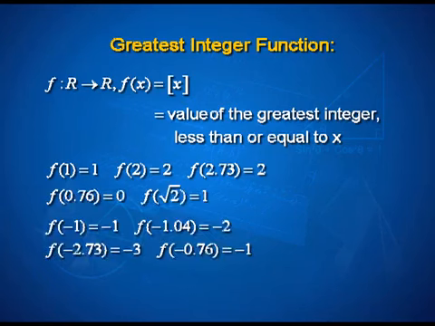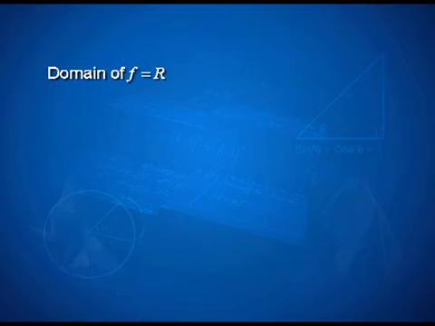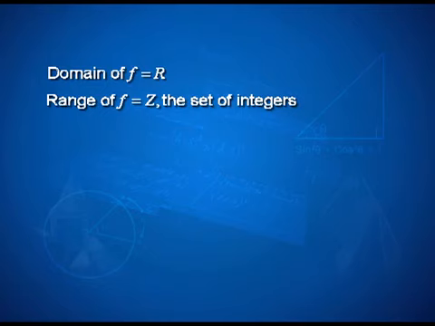Similarly, for f of minus 1.04, the greatest integer less than or equal to minus 1.04 is negative 2, and so on. So, the domain of f is all real numbers, but the outputs are always integers, and therefore, the range is the set of integers.